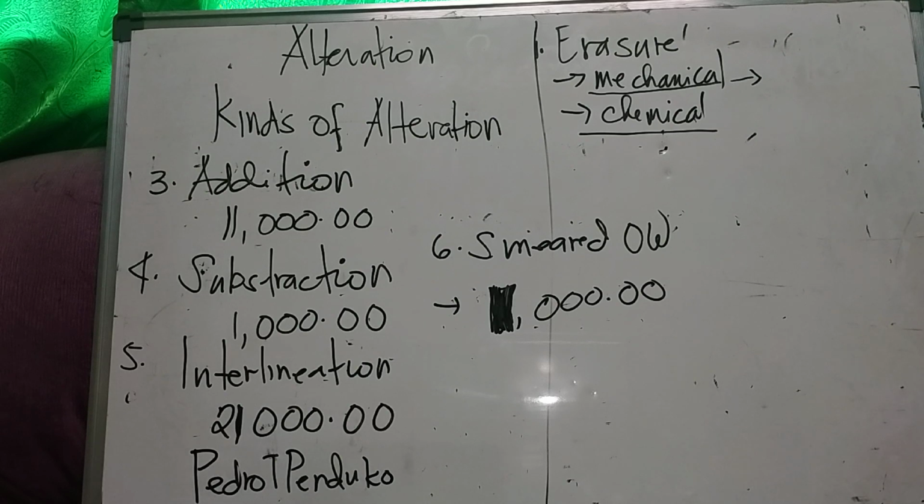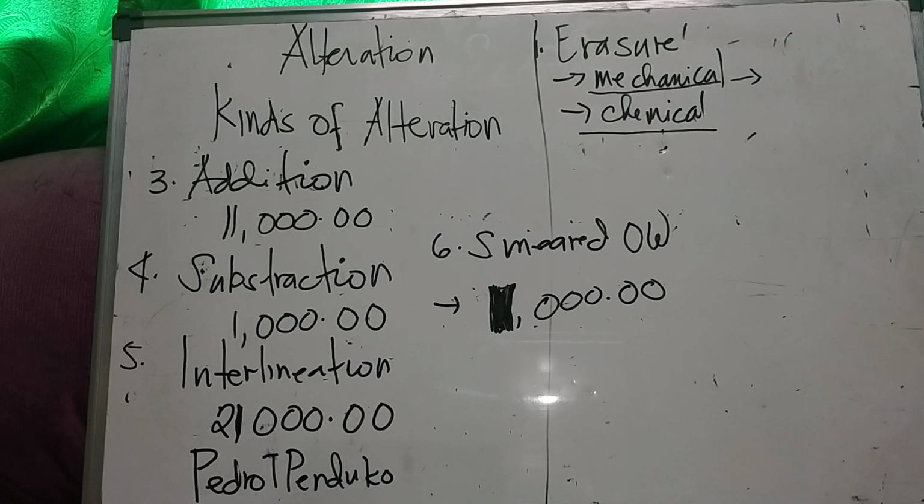So, we will discuss alteration. Before we proceed to the application of the kinds of alteration, we have to know what alteration is first. Alteration can generally be seen with the aid of a good magnifying glass and the help of special lighting.